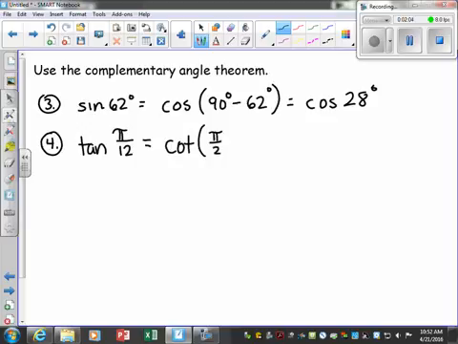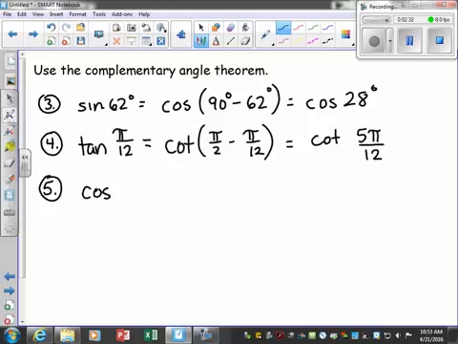So pi over 2, and then I want to subtract out the pi 12ths. Now, what are we going to need to do for this? With fractions, you need to go off to the side and get a common denominator and then simplify. So common denominator of 12 here would just give us cotangent of, you should have simplified that to get 5 pi 12ths.